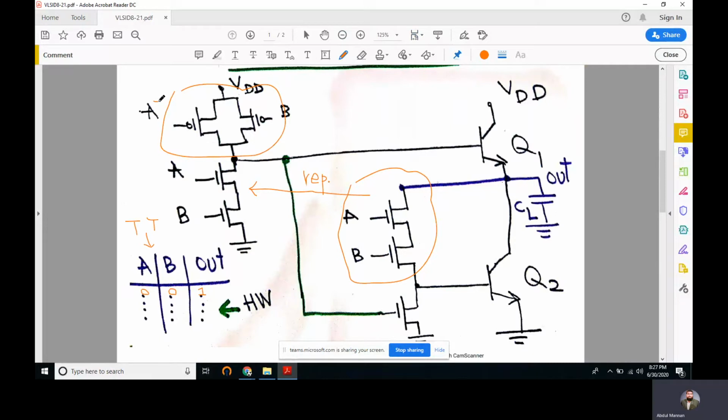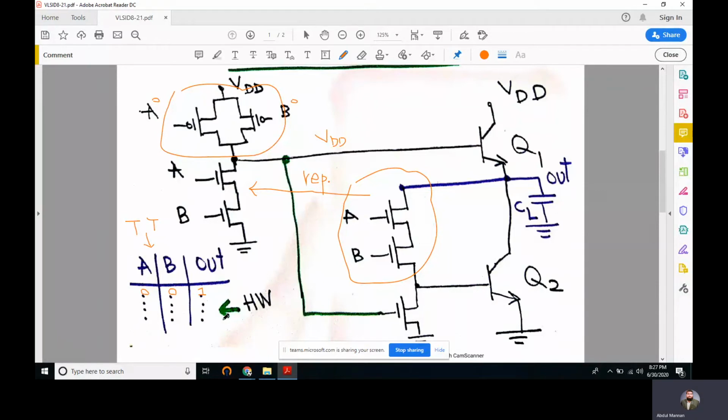If you have a 0 here, a 0 here, this array will be on and we'll have a VDD here, and here we'll have this base emitter junction subtracted out of VDD, and the output would be VDD minus VBE, slightly lesser than VDD. So V output high would be VDD minus VBE. And you can verify it for other options.